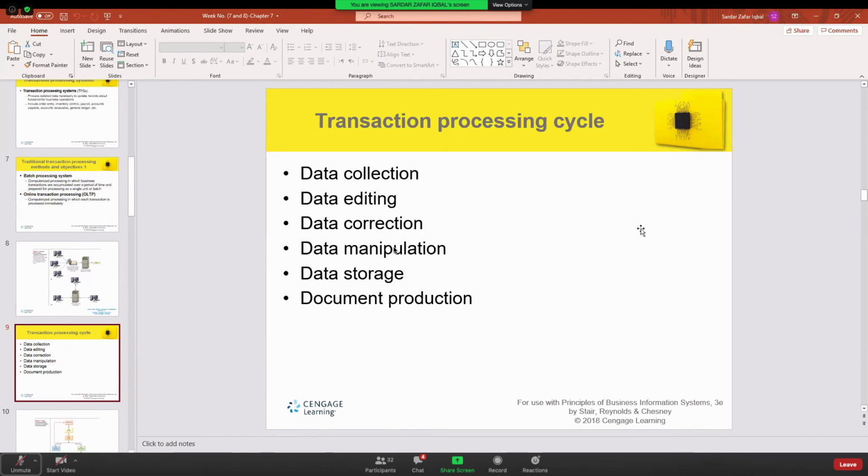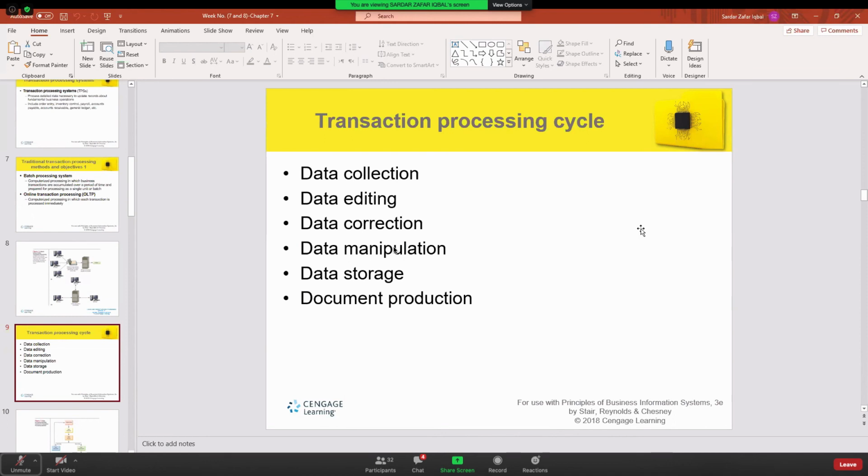You know the scanners are there, they scan every product. So this is the point of collecting data about the product and the customer, and they ask you to give us your ID number or your telephone number, then you will enter that data also. So this is the point of data collection.